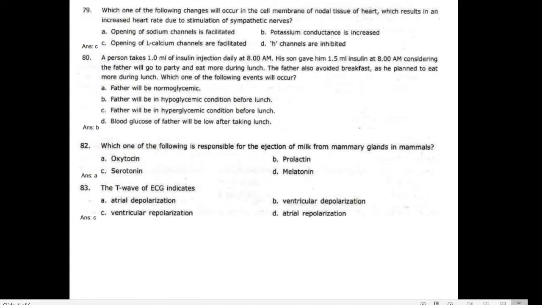This is all about our P waves, which are explained in the human system.